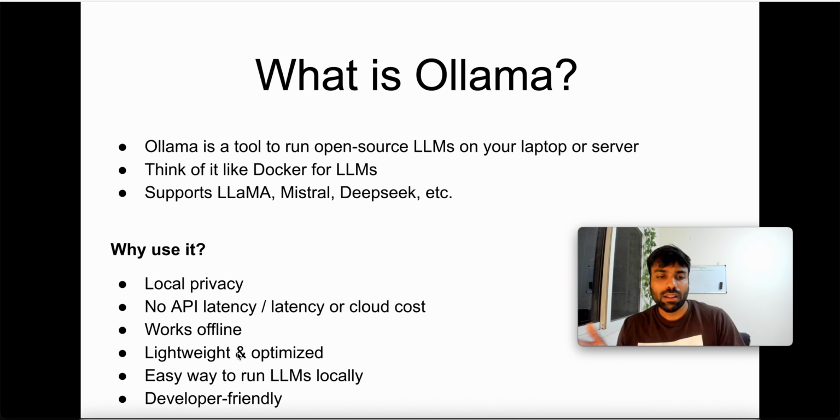The next point is that it is an easy way to run LLMs locally, which we have already talked about. And the last is developer friendly. If you are a developer building an application, calling an API for an LLM would be costly. So you can host your own small LLM on a local machine via Ollama and use it. That way it is developer friendly as well.